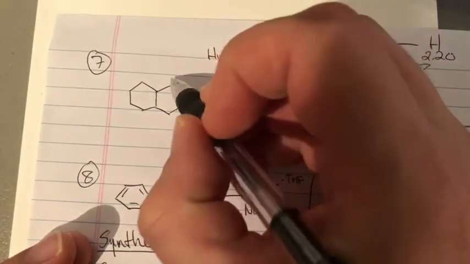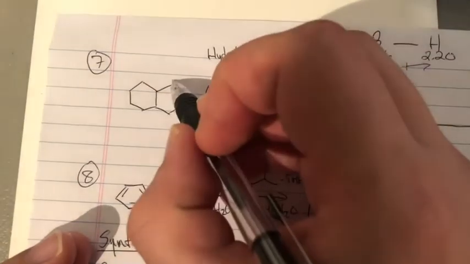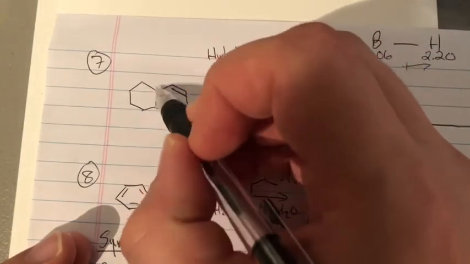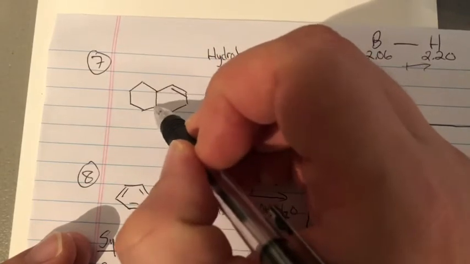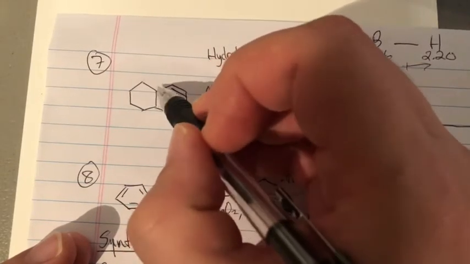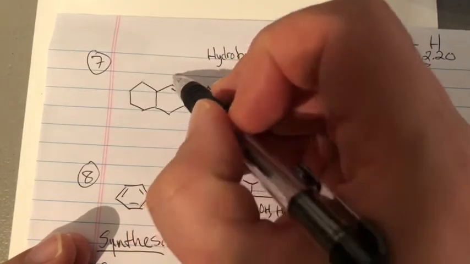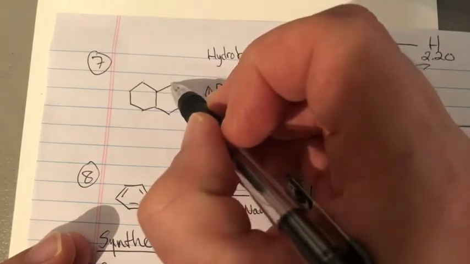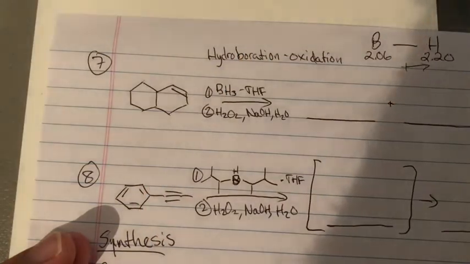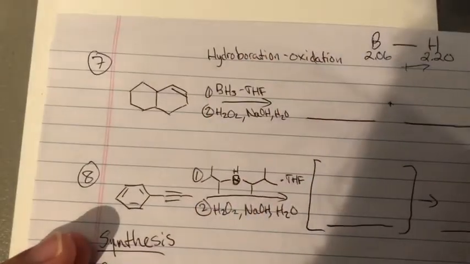Over here, you have 1, 2, 3 carbons all feeding in electron density, so a positive charge would more likely end up over here as an intermediate, and not so much here. So there is some kind of selectivity.